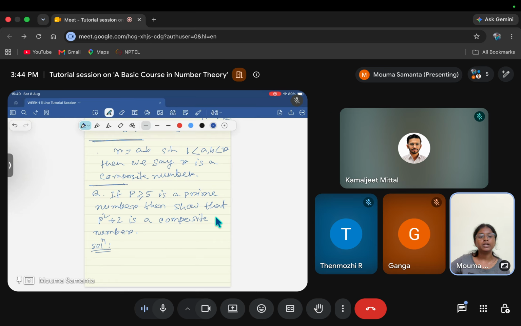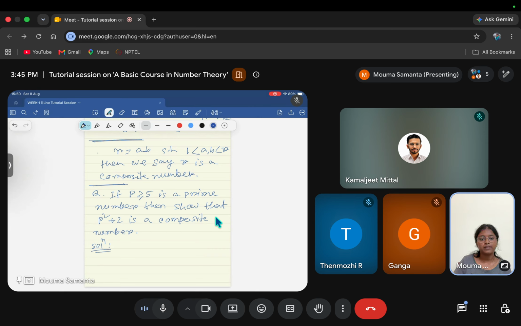So p is a prime greater than or equal to 5. From here, can you give me one expression for p? I mean, p is a prime number greater than or equal to 5, that means p has to be an odd prime. Odd integers have the very basic form in terms of residue class of 2: 2n plus 1. And if you take the residue class of 3, what will be the form of an odd integer?